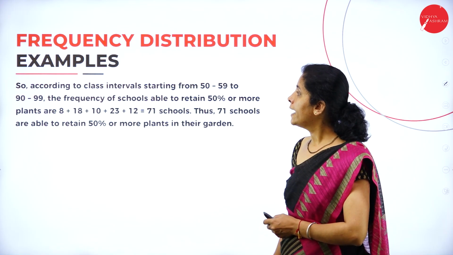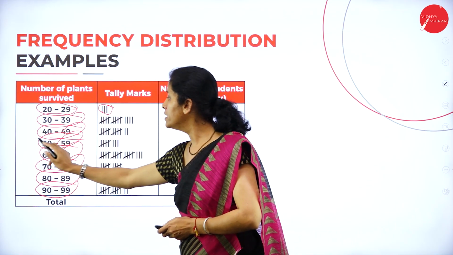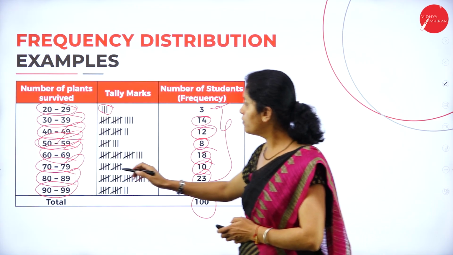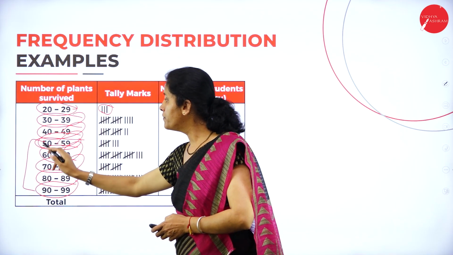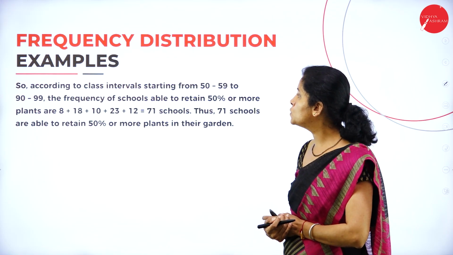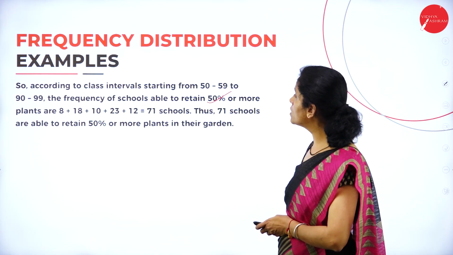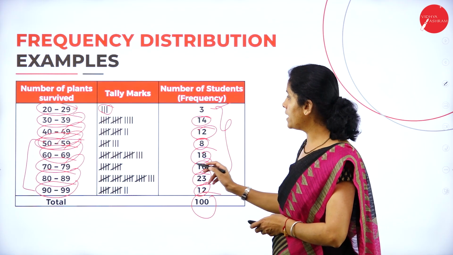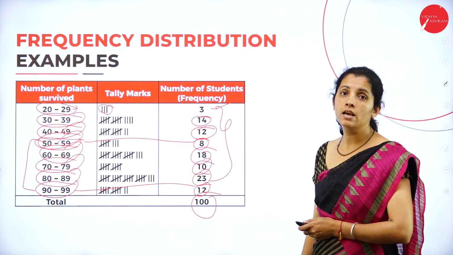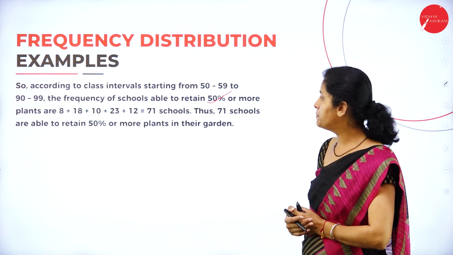Okay, fine. Now, according to the class intervals, starting from 50 to 59 up to 90 to 99, I want to consider these class intervals. The schools able to retain 50% or more than 50%, in the sense, when I add from 8 to 12, I must get the frequency for 50% or more.